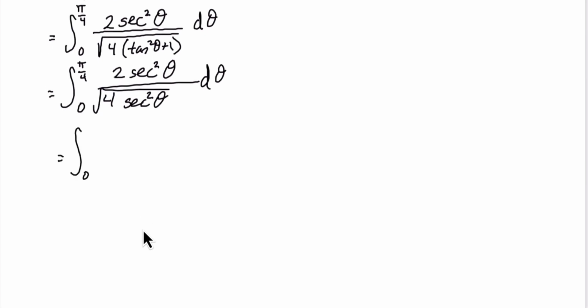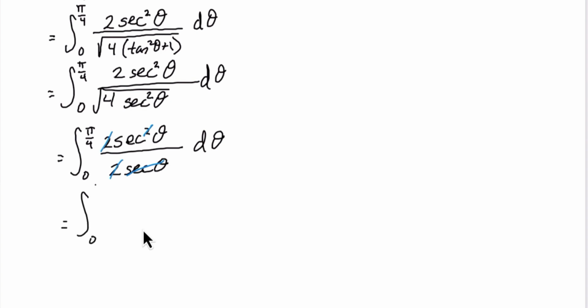Continuing to simplify the denominator, we'll continue to copy the numerator, and the denominator we get 2 secant theta. At this point, we can simplify. The 2's will reduce, and one of the secants will go away. We'll be left with one of them in the numerator. So we have the integral of 0 to pi fourths secant theta d theta.